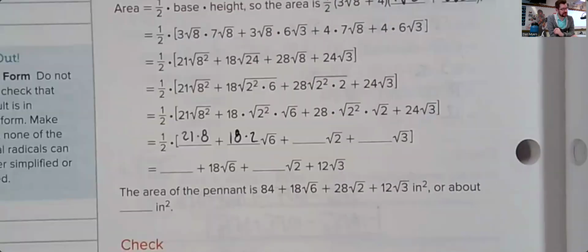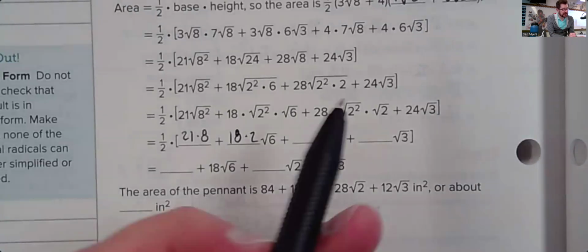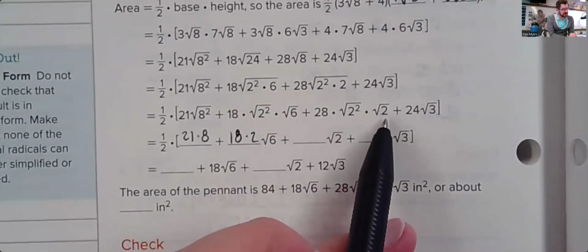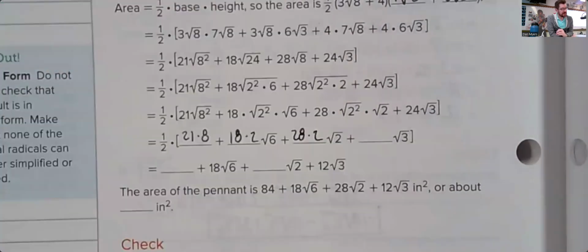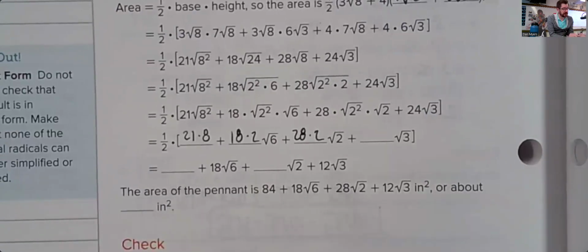So 18 times 2 root 6. 28 times the square root of 2 squared times the square root of 2. Again, this is 2, so 28 times 2. This is not a step that I would actually write out if I was doing this problem. I'd probably do the multiplication and go to the bottom line here next.